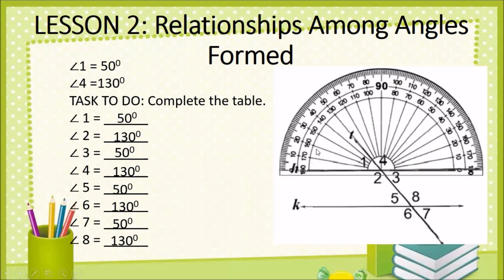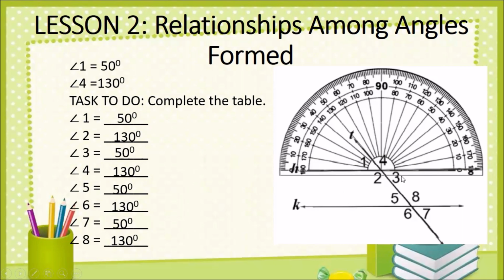Then, another property: the angles on the same side of the transversal are supplementary. Angle 2 plus angle 5, or 130 plus 50, is 180. They are supplementary, correct. Then angle 3 plus angle 8, angle 3 is 50, angle 8 is 130, 180.